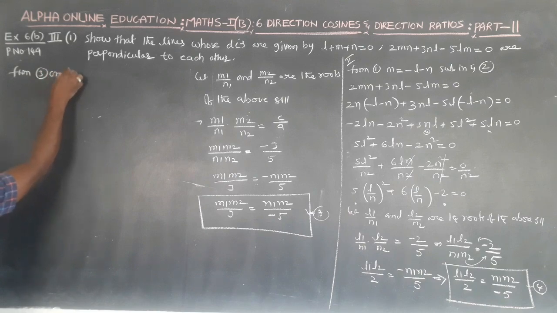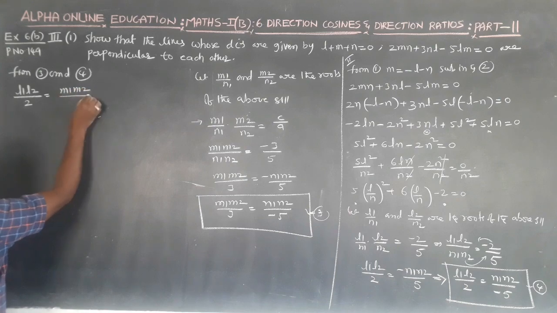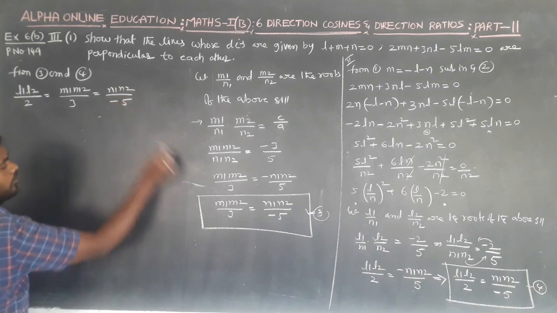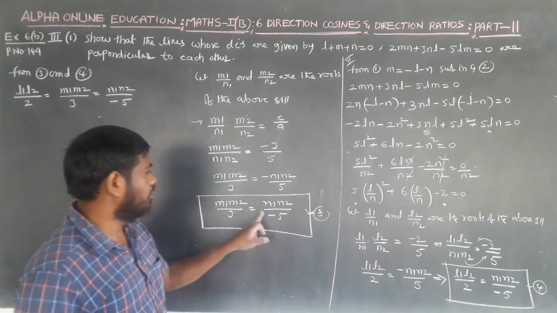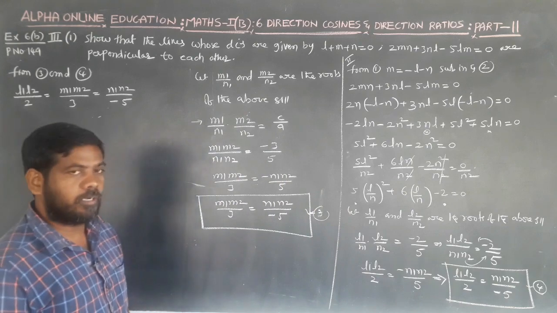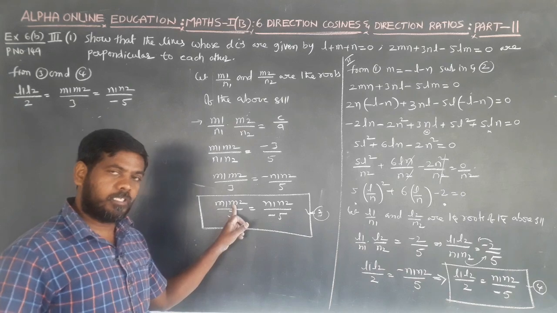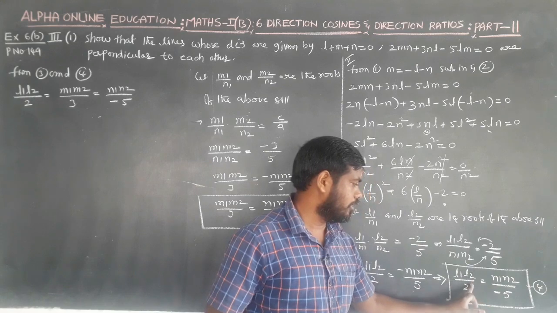From 3 and 4, l1 l2 by 2 is equal to m1 m2 by 3 is equal to n1 n2 by minus 5. Here n1 n2 by minus 5 is equal to m1 m2 by 3, and n1 n2 by minus 5 is equal to l1 l2 by 2.